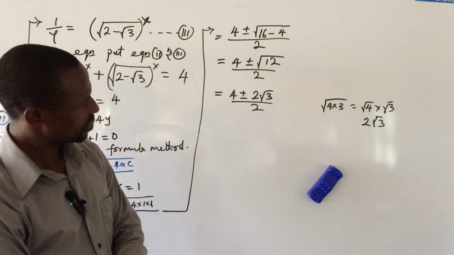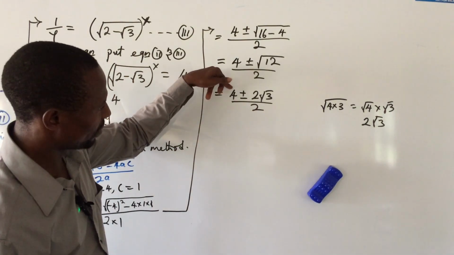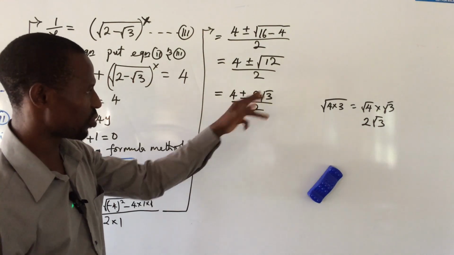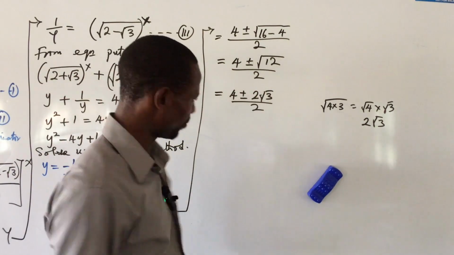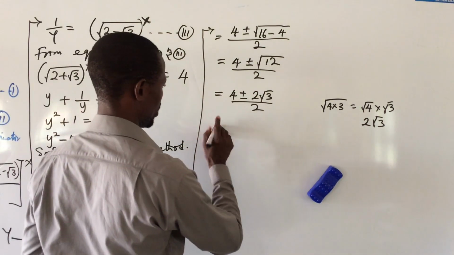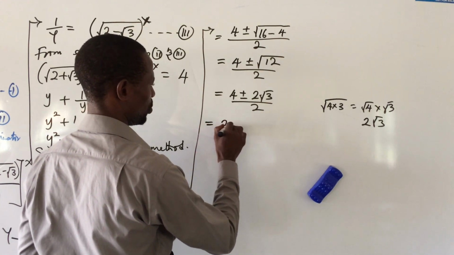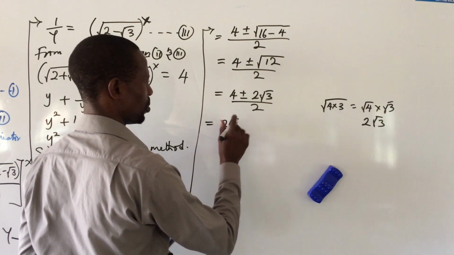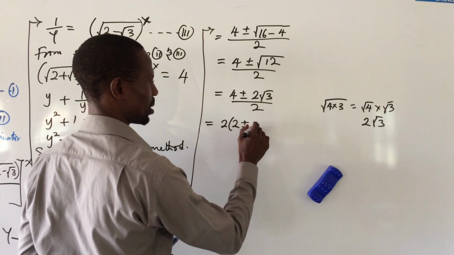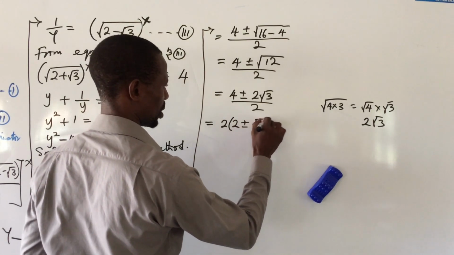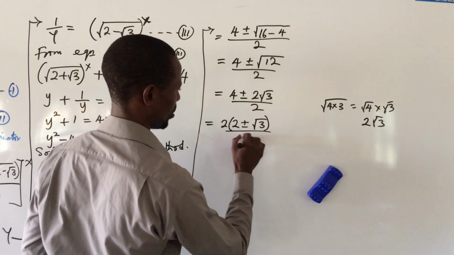Okay, something special has happened here. Here we have 4, 2, and 2 here. So we can factor out 2. If we factor out 2, this will now give us 2 into 2 plus or minus root 3, close bracket, all over 2.